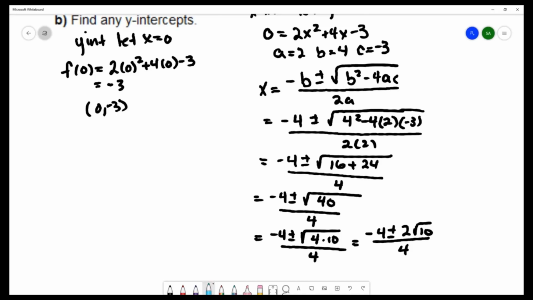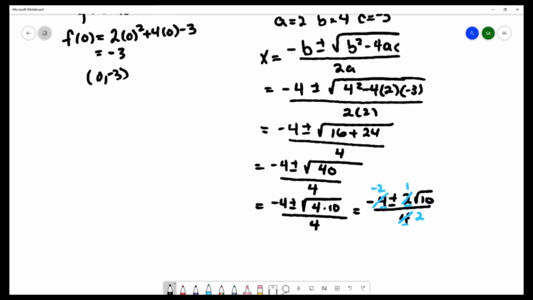So I'm looking at these 3 numbers here. They're all even, so 2 divides into all of them. So 2 divides into negative 4, negative 2 times. 2 divides into 2 once. 2 divides into 4 2 times. And we're going to simplify to be negative 2 plus or minus square root of 10 over 2.